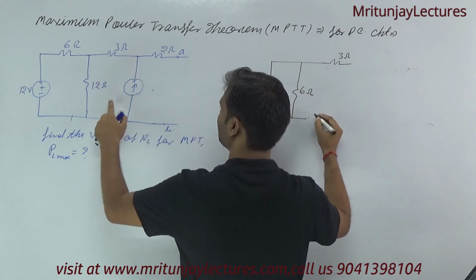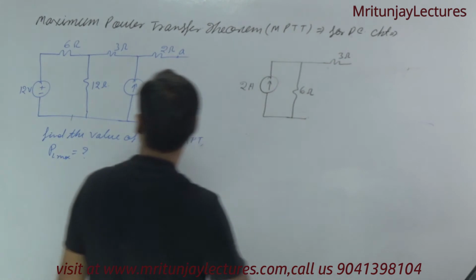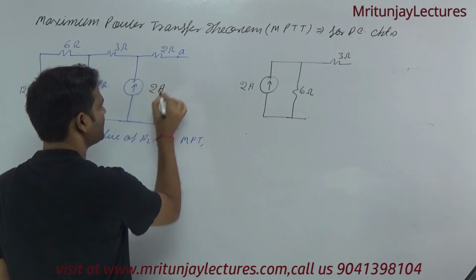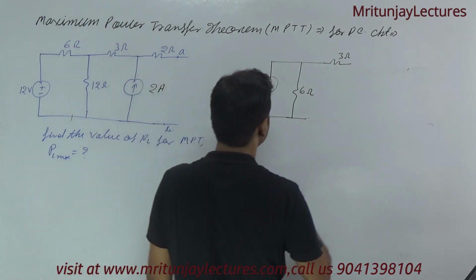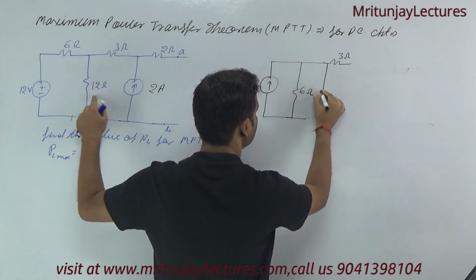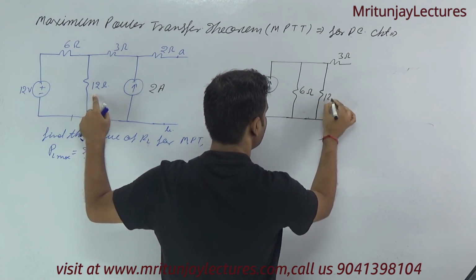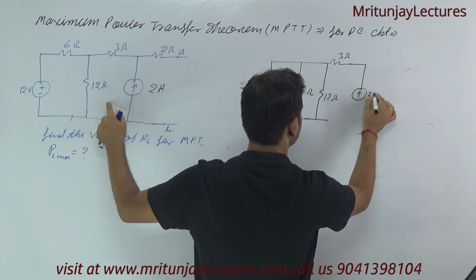And what about this current? That is 2 ampere. That is 6, and that is 12, so this one also represents 12 ohm, and that is 2 ampere.